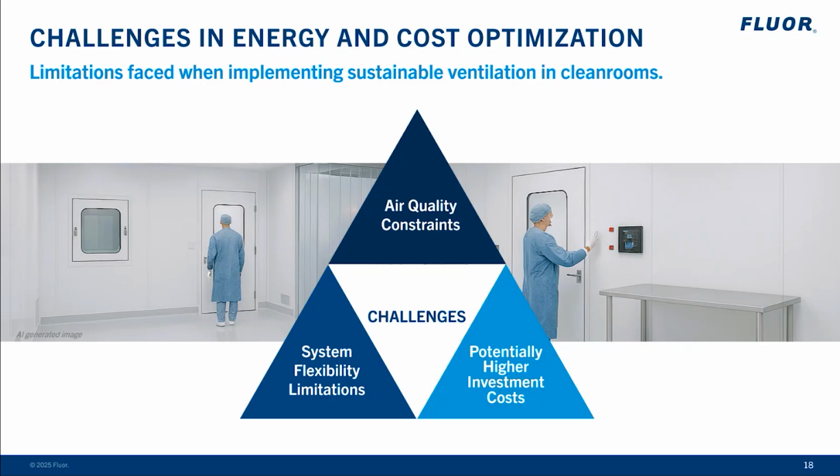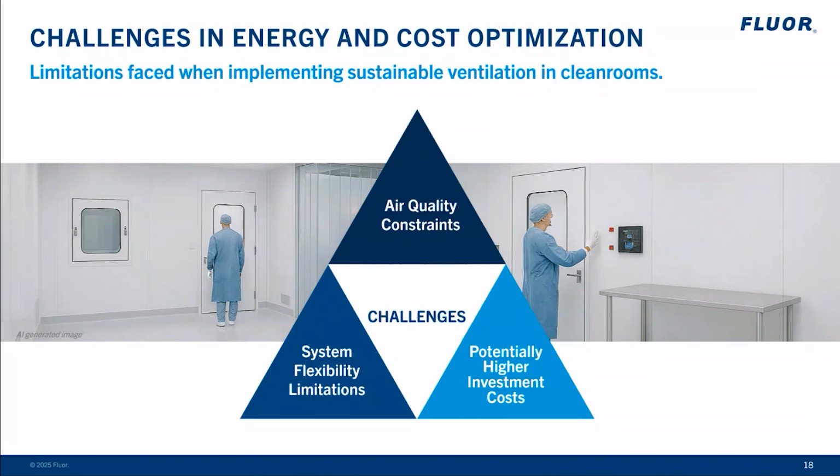Let's move on to the limitations we face when implementing sustainable ventilation in cleanrooms. First, air quality requirements. Cleanrooms operate under strict ISO 14644 and GMP standards. These standards mandate compliance with particle concentration limits, pressure differentials, and validated airflow patterns.